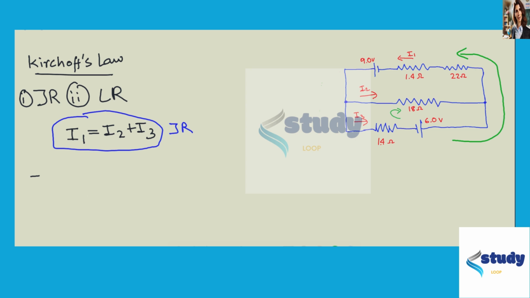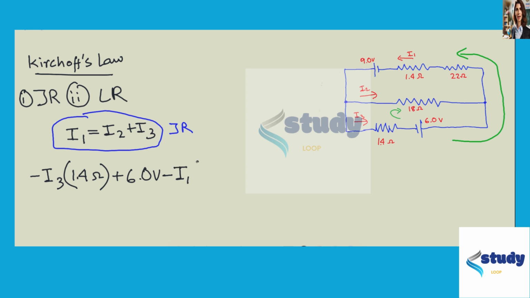So if we go in the counterclockwise direction from the lower left corner, we see I3 and the direction are the same. So that means we'll have negative I3 times the resistance, which is 1.4 ohms. Then we have the battery where it goes from negative to positive, that means it's plus. Then we have this one where I1 and 22 ohms are in the same direction, that means it's a negative direction.